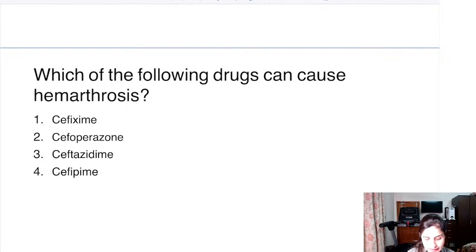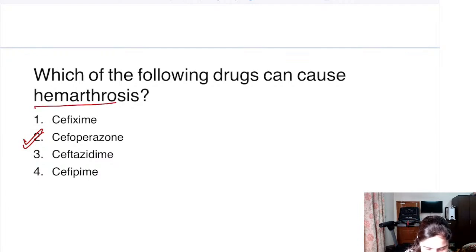Which one will cause hemarthrosis? Cefoperazone, very good. Cefoperazone, excellent. Yes, it is cefoperazone.